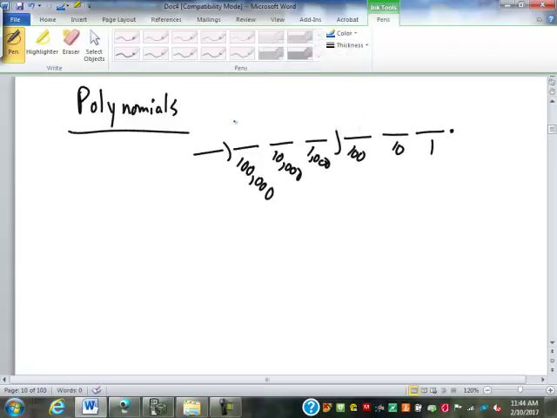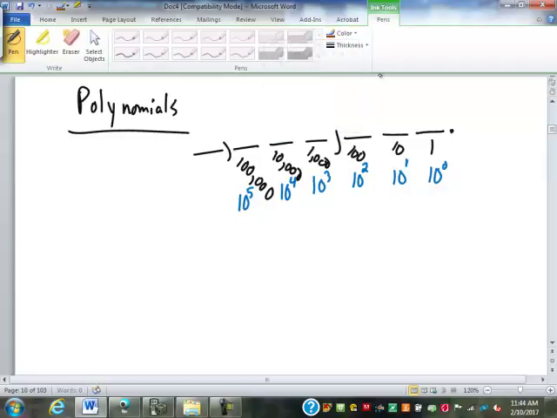Well, from what we know about powers, this is 10 to the 0. Anything to the power of 0 is 1. This is 10 to the power of 1, or just 10. 10 squared, or 10 to the power of 2 is 100. 10 to the third to get the 1,000. 10 to the fourth to get 10,000, and so on.